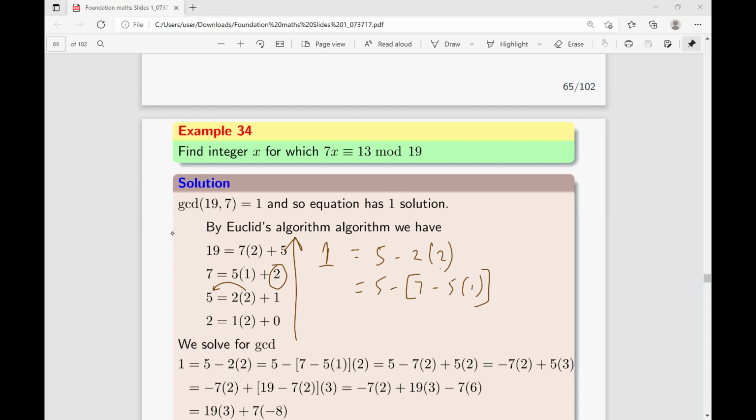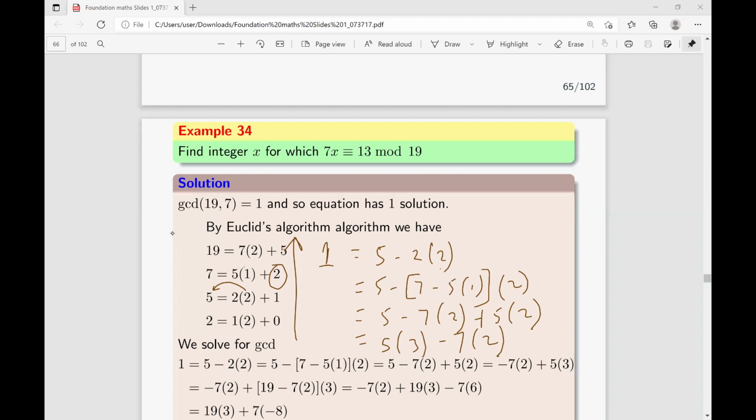Then multiply this 2. This is 5 minus 7 multiplied by 2 plus 5 multiplied by 2. The plus is coming as a result of minus times minus. Collecting like terms, you have 5 multiplied by 3 minus 7 multiplied by 2.